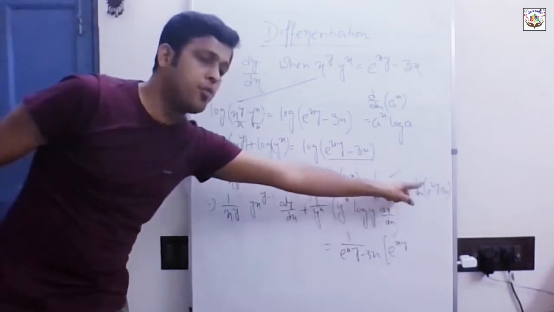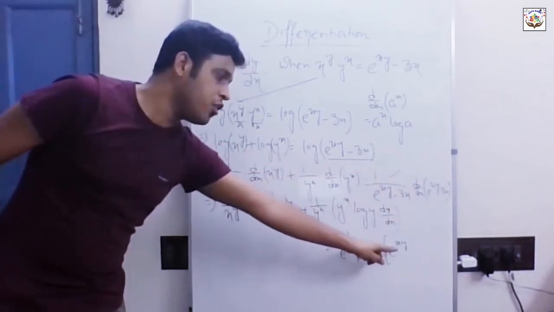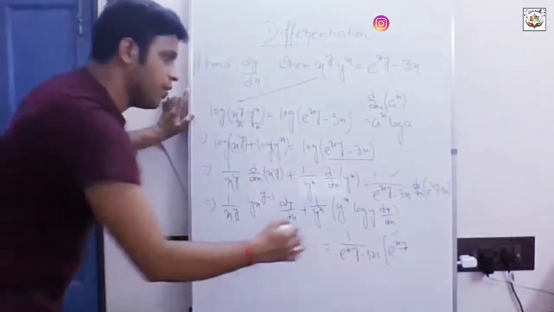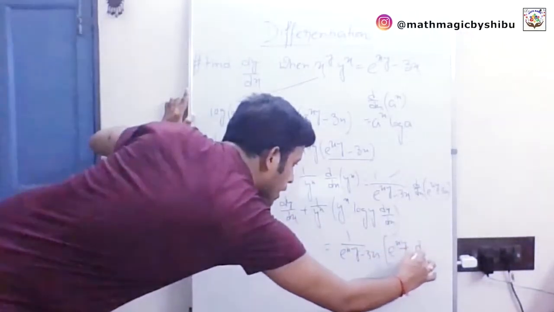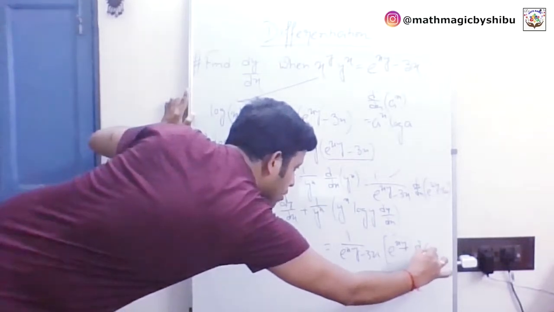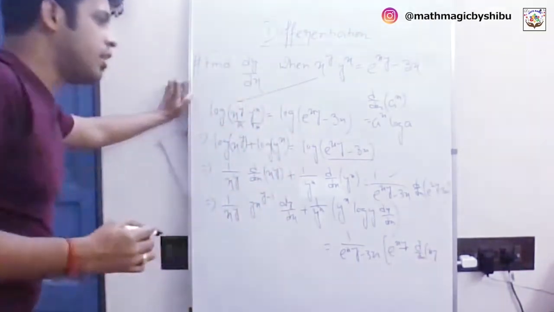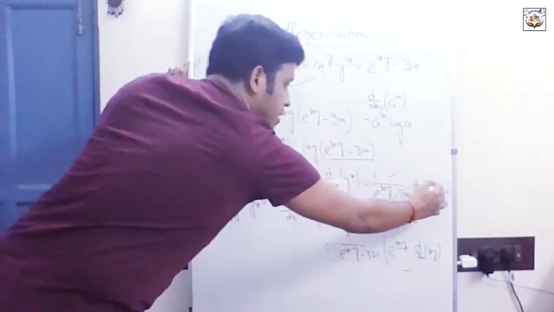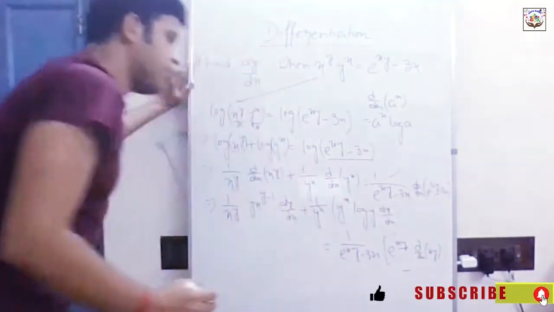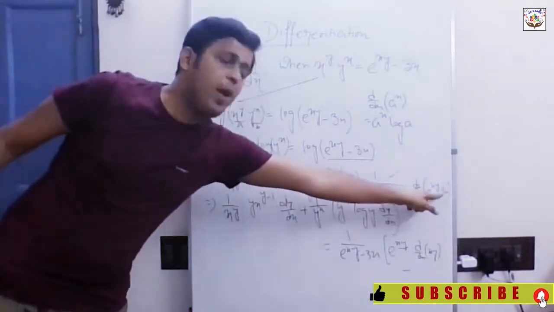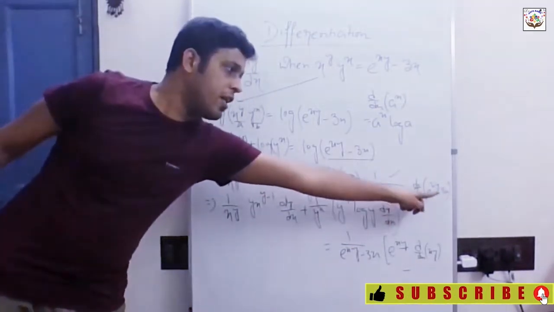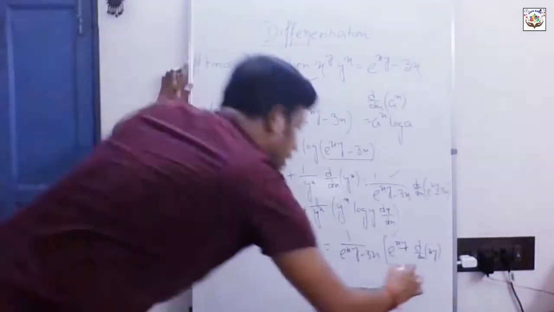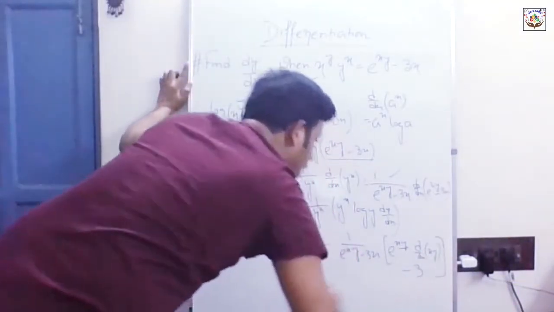As it is d/dx of e to the power xy, we need to write e to the power xy, and again we need to differentiate this xy part itself. So it would be d/dx of xy. Along with it, we need to do d/dx of minus 3x, which would be minus 3 only. So I am putting it here as minus 3.